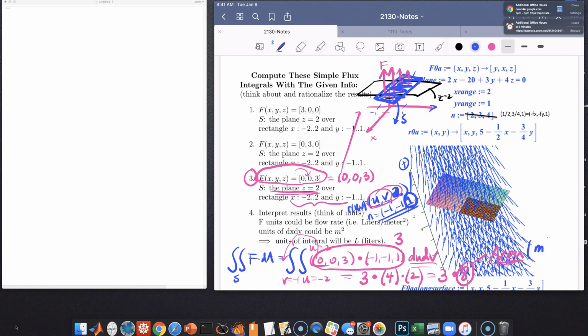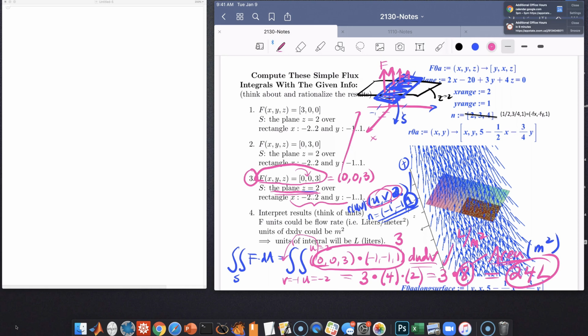So that's something like meters squared. And the vector field, which was 0, 0, 3, was maybe something like liters per minute per meter squared. So 3 liters per minute per meter squared times 8 meters squared comes out to be a value of 24 liters. So that's why these integrals are called flux integrals.